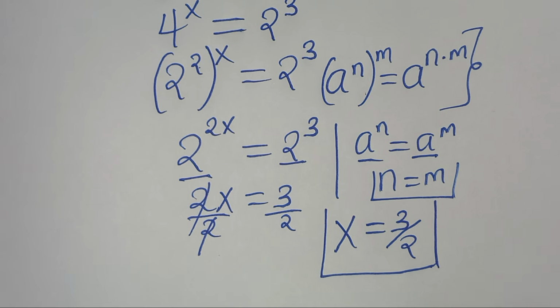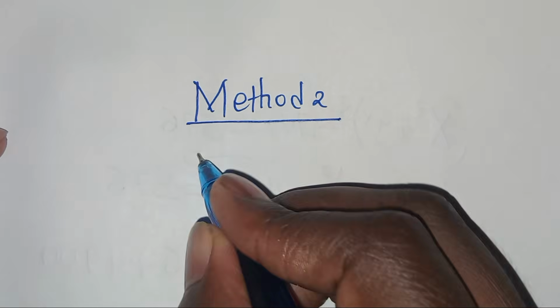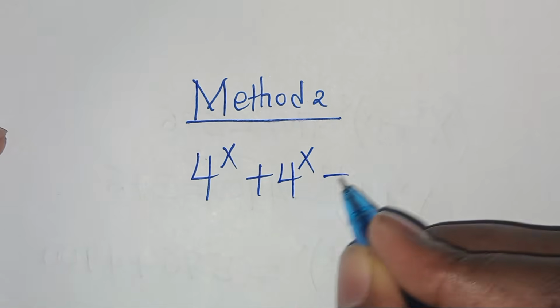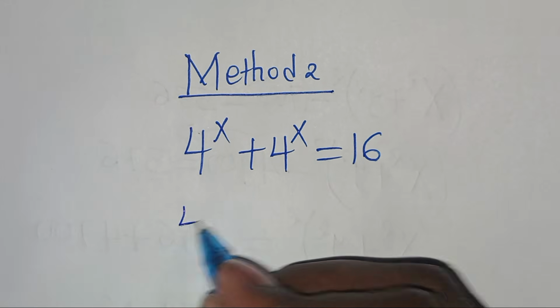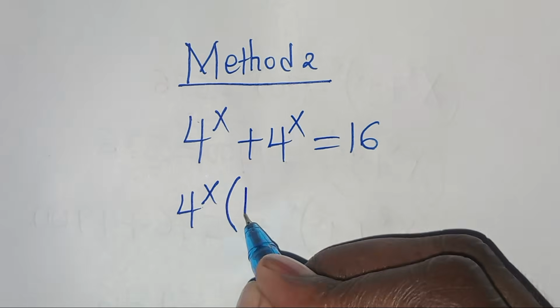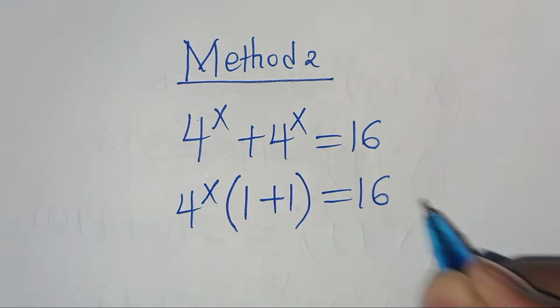Let's apply method 2 from here. In method 2, we have 4 to the power of x plus 4 to the power of x equal to 16. Now, since 4 to the power of x is common here, we factor out 4 to the power of x, so that here we have 1 plus 1, equal to 16.